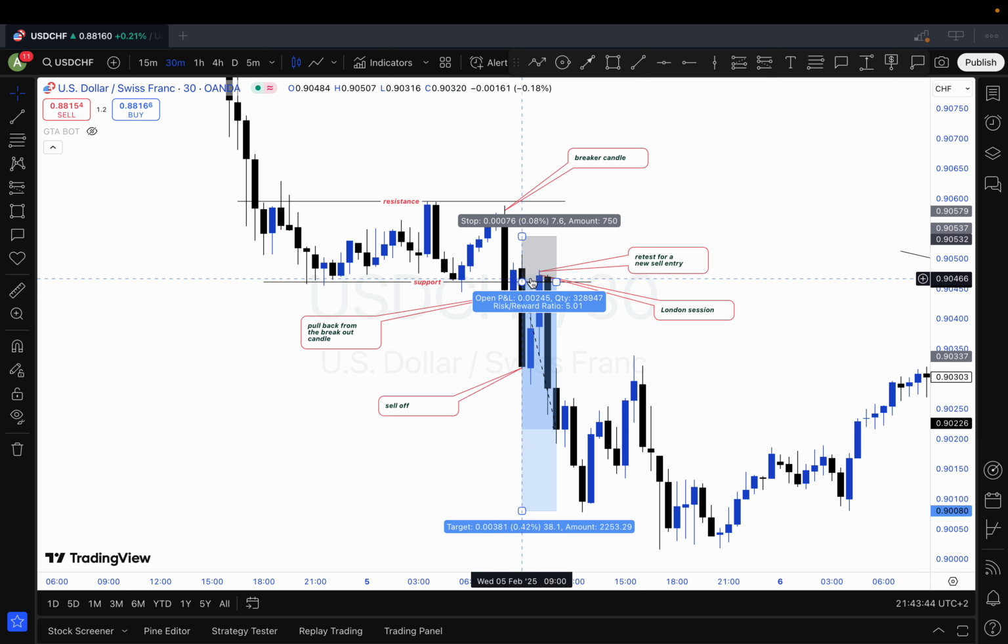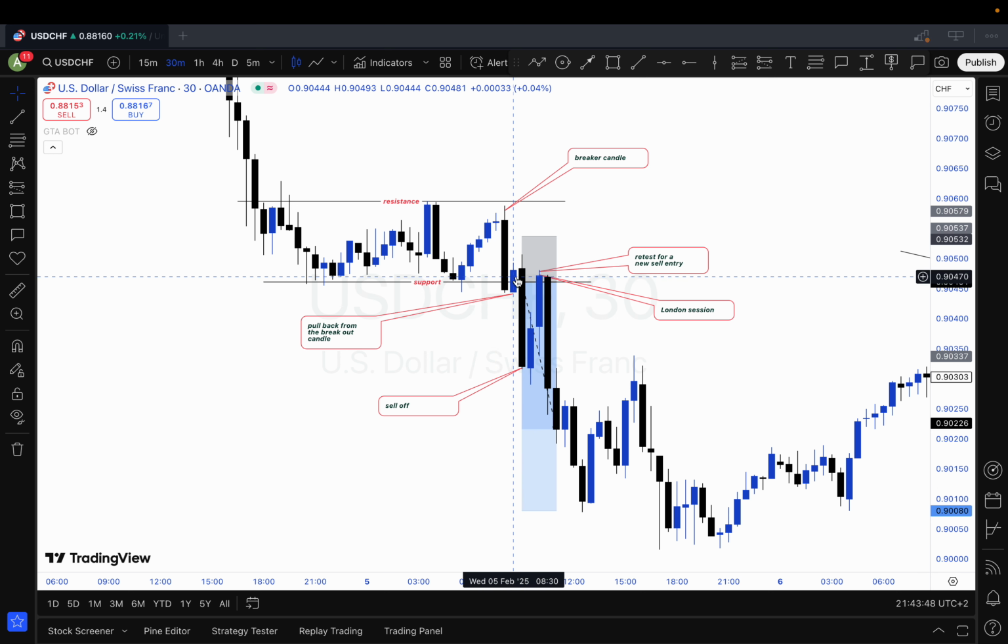Then we have this to be a bearish engulfing candle, which is also serving as another block. So it's a very safe place for you to have a sell.